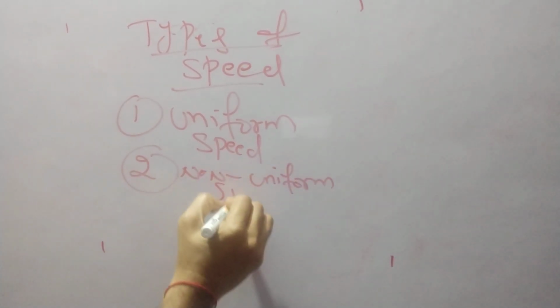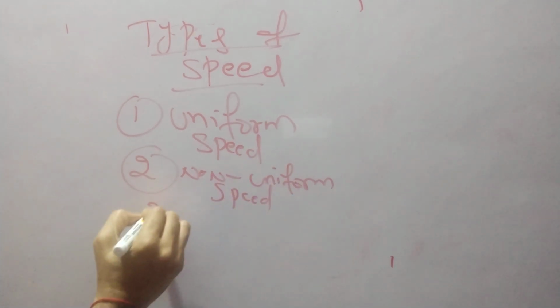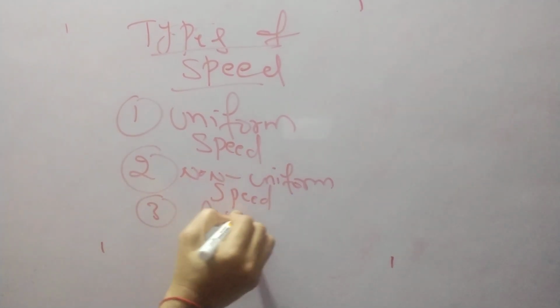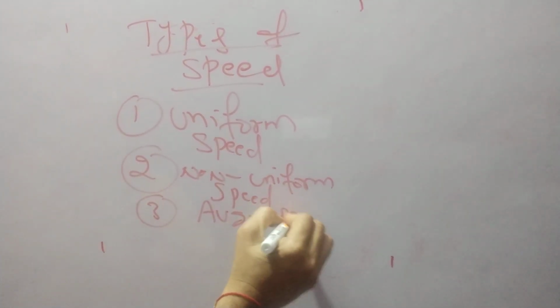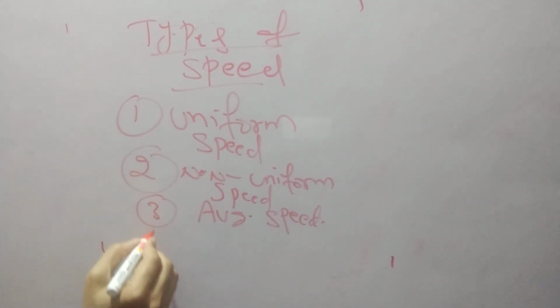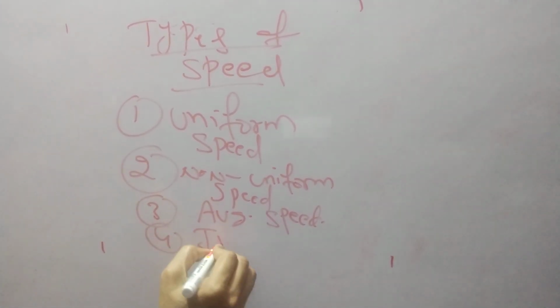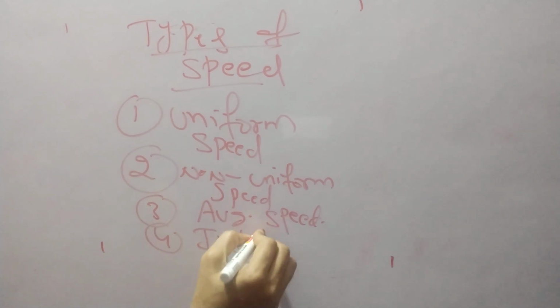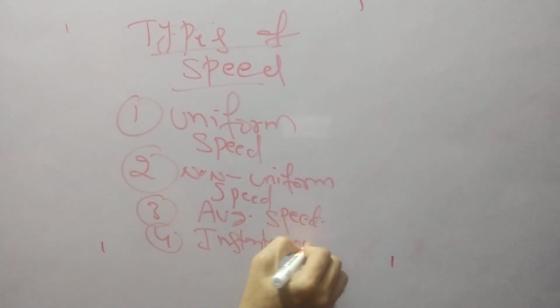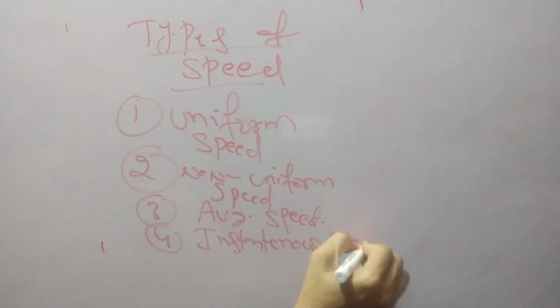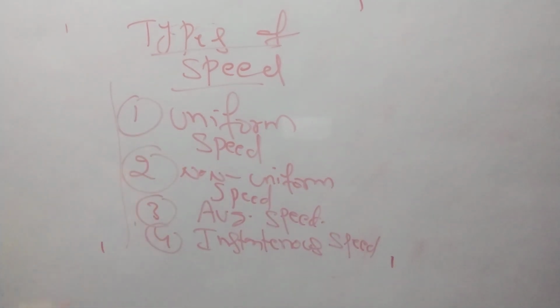Third one is average speed. And fourth, last one, instantaneous speed. So these are the types of speeds. One by one we'll see the definition of these four.